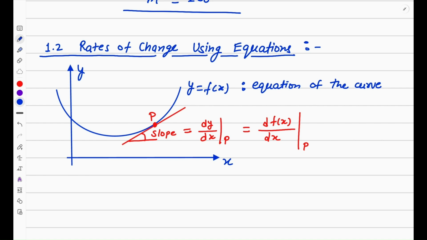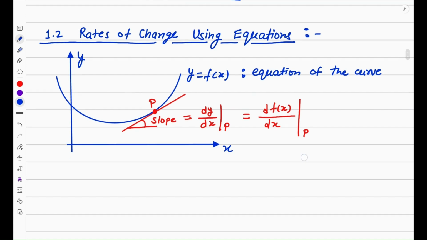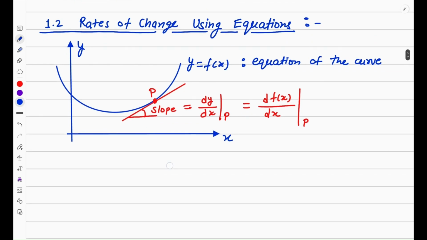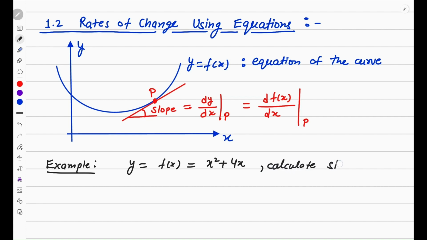So if we are given an equation, for example, y equal to f(x) is an equation of a parabola like x square plus 4x, and we have to calculate the slope at x equal to 4.